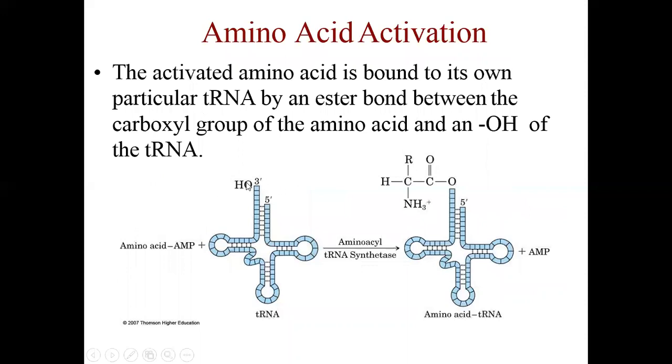And this is the OH site where the amino acid can bind with the covalent ester bond, and this is the amino acid, this is the anticodon portion, which is just opposite to the amino acid, and this is basically the activation of the tRNA.